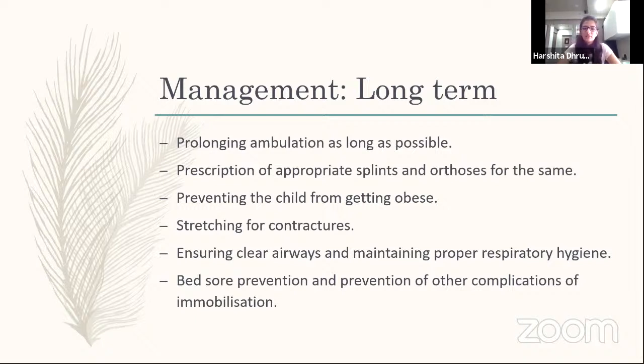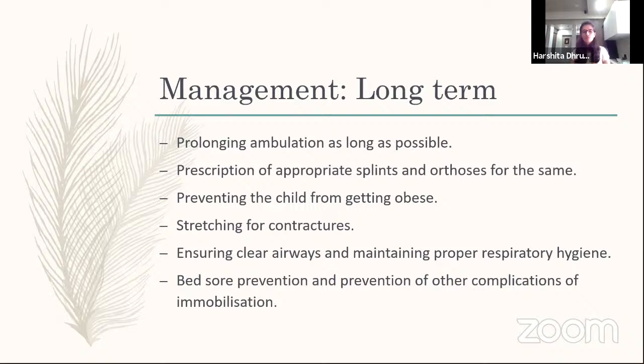Apart from that, prescription of appropriate splints and orthosis for prolonging the ambulation, and the night splint and all those things. Preventing the child from getting obese. This is also a very important part in patient education, as these children, due to the lack of physical activity according to their age demands, tend to get obese.